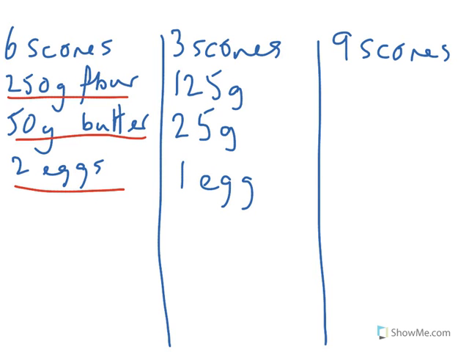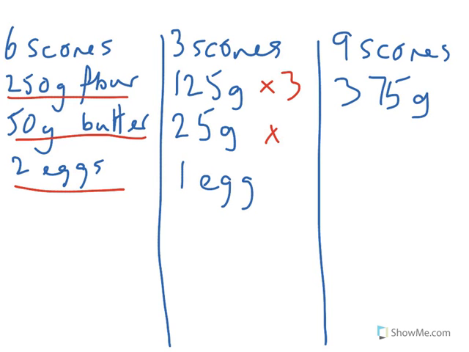And then to get from 3 scones to 9 scones should be quite easy now. You're just basically timesing each bit by 3. So we've got to times 125 times 3. Now you'd be able to do that as a small sum if you wanted to. 125 times 3 would be 375. So that's how much flour you would need.